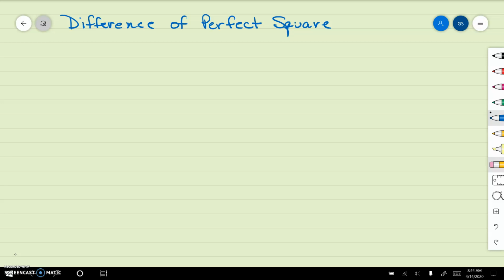Okay. So the first thing we're going to do is just jot down the perfect squares that we should know. At one time, I think we all knew them, but we want to make sure that we have them in our pocket and ready to go.